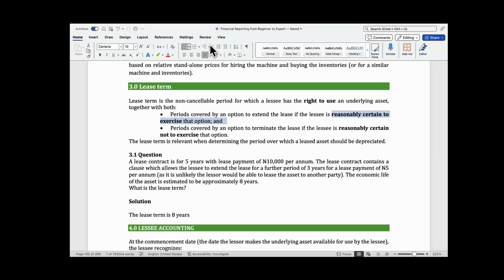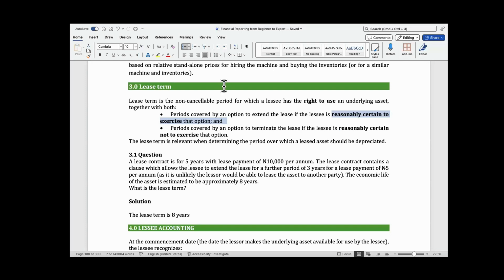So the only way we can be sure is if it is favorable for the lessee to extend. Then the lease term will cover the period of extension. So when it is favorable for the lessee to extend, then we can conveniently say that we are reasonably certain that the lessee will extend.